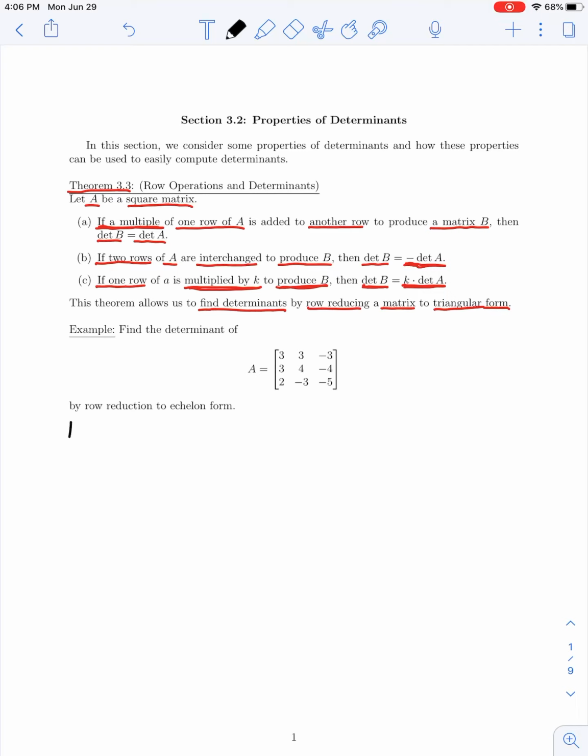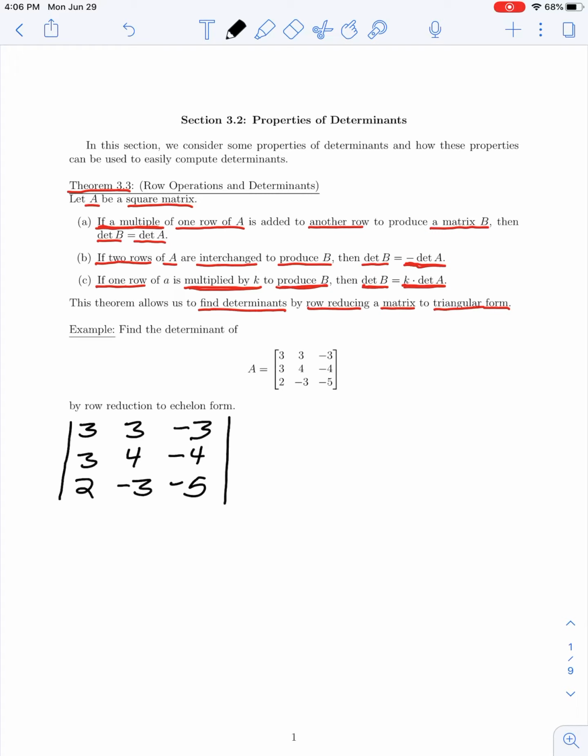Now instead, if we make use of row reduction, the determinant of this matrix, 3, 3, negative 3, 3, 4, negative 4, and 2, negative 3, negative 5, would be related to the determinant of a matrix in triangular form, or row echelon form.